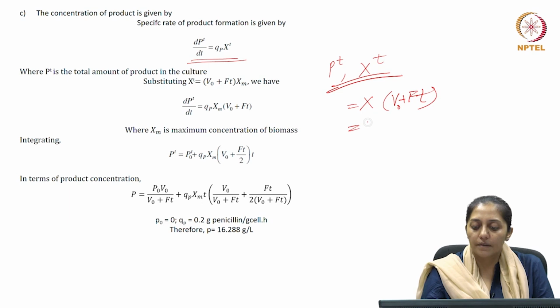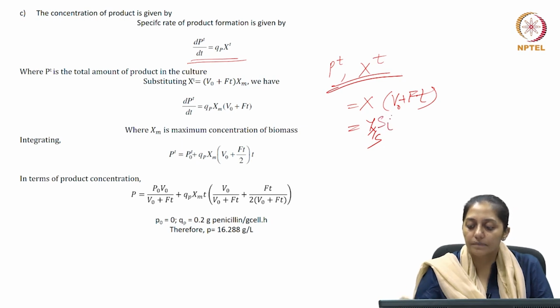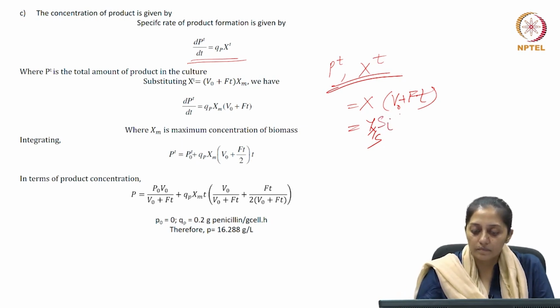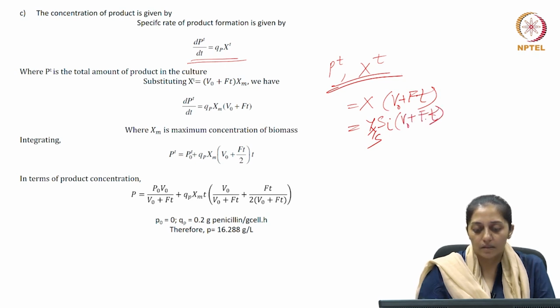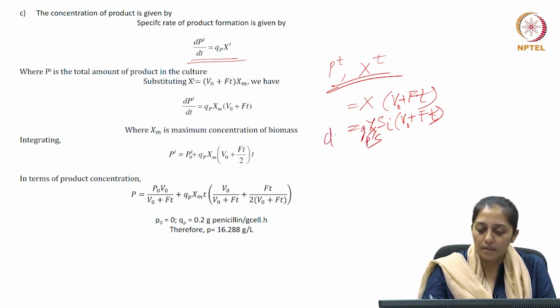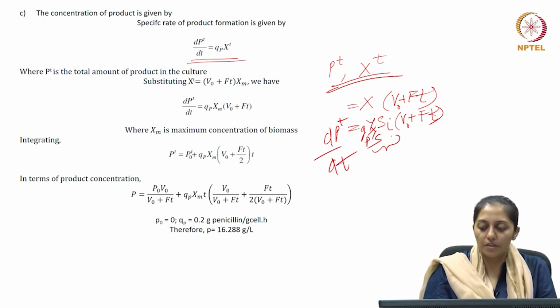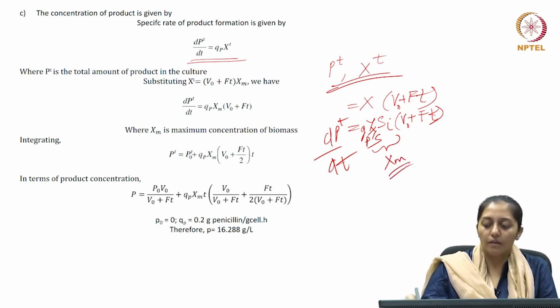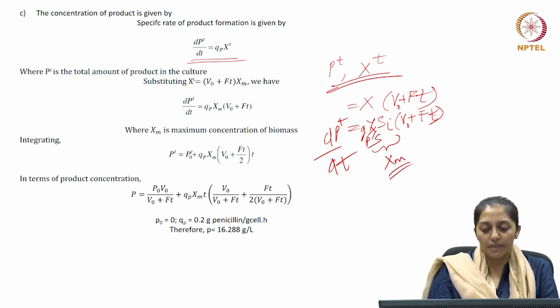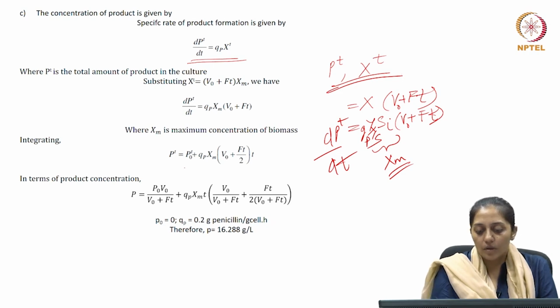So, we can write it as Yx by S Si multiplied by V naught plus Ft into Qp is dPt by dt. Now, here if the maximum biomass concentration is known, then fine, otherwise it can also be obtained if Si is known.